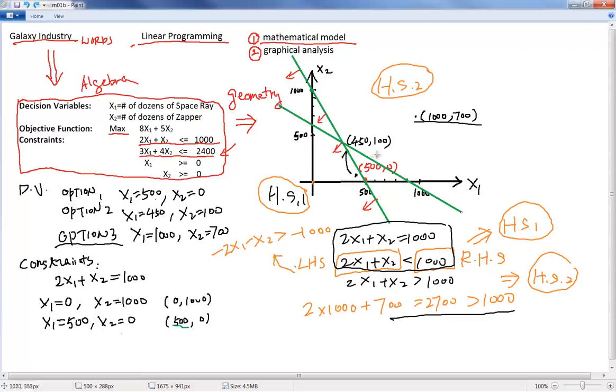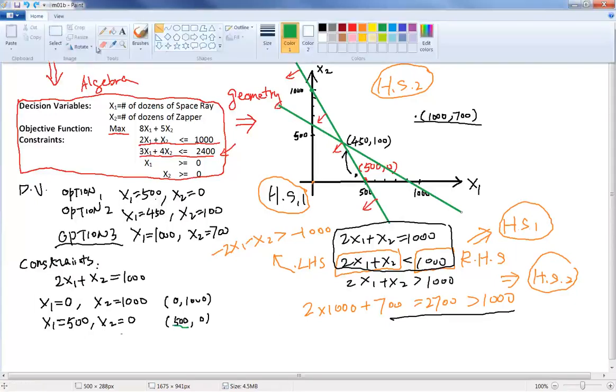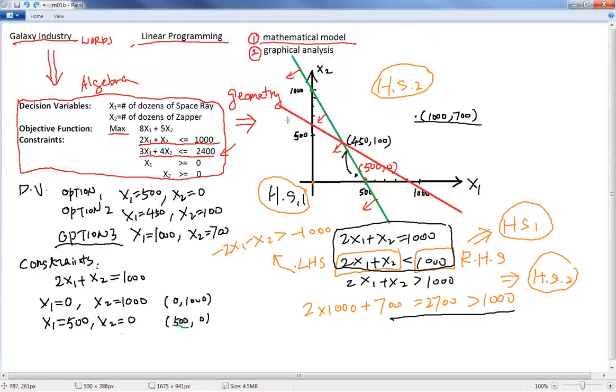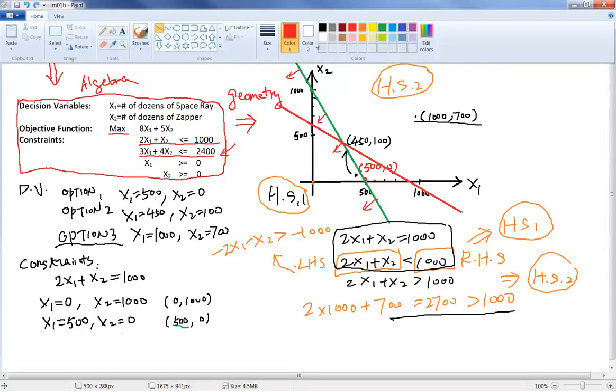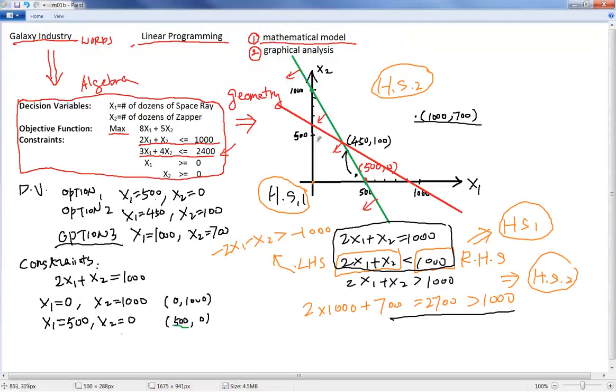Similarly, you can identify which of the two sides satisfies this inequality. And again, by using the method I described earlier, you can identify that this side corresponds to the feasible region.